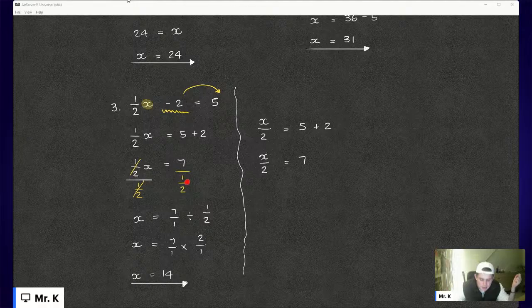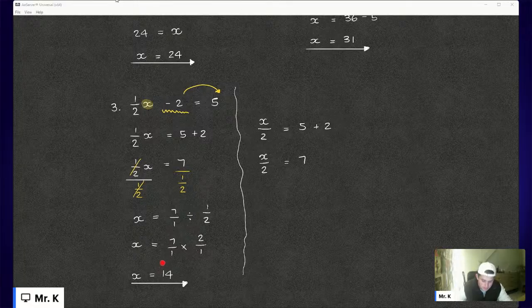But that leaves me in a position where I have 7 divided by a half, right? And if you're not comfortable with dividing fractions, this might give you a little bit of a hard time. So we can still see how we solve this. We divide two fractions and use the tip and times method to get a value for x that is equal to 14.